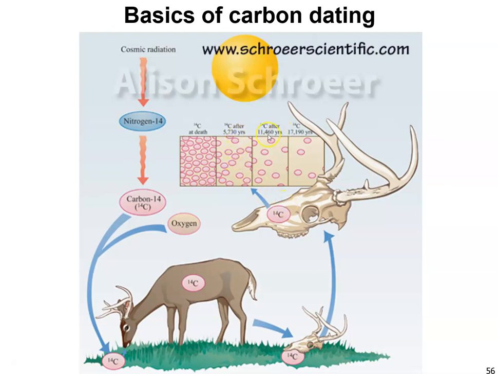Another 5,000 years from death, then we have another half gone, half of the previous amount, and the same thing. So the half-life gives us the percentage of that carbon-14 left in that animal, which gives us an indication of how old it is. So that's kind of how the carbon dating works.